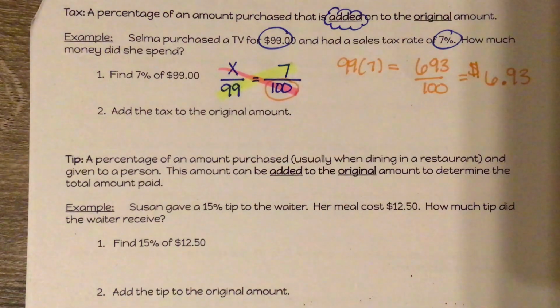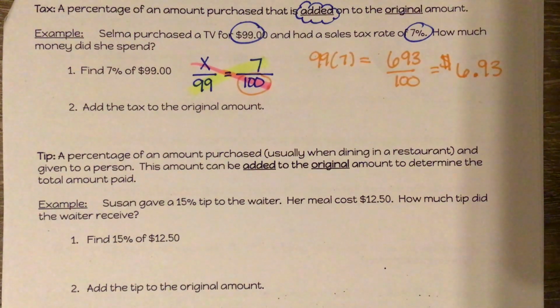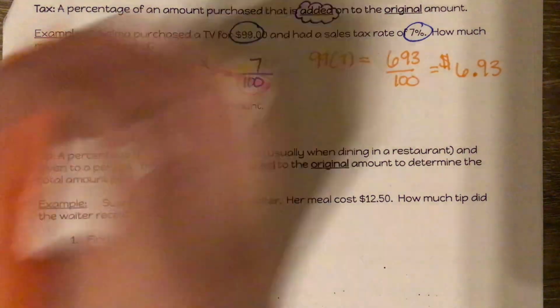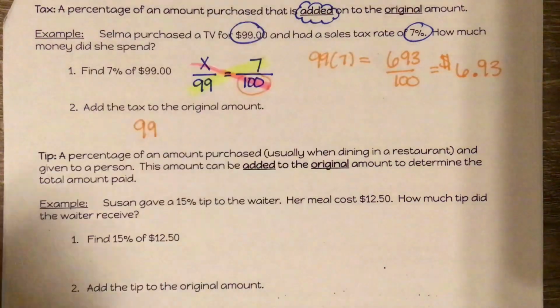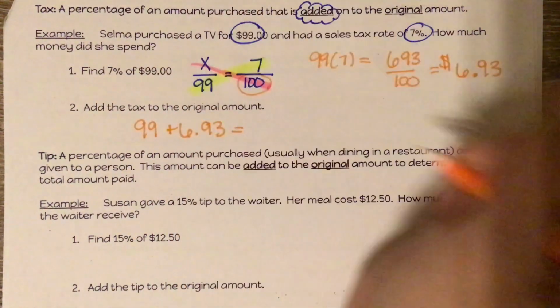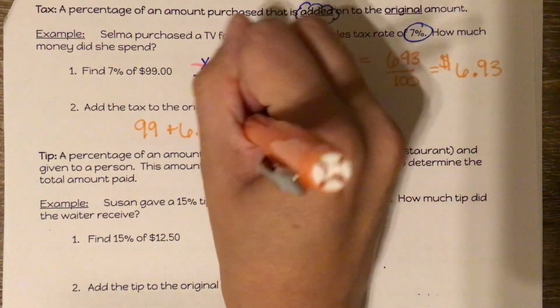So that tells me my tax is $6.93. So when we're finding our total amount that she's spending, we're doing the $99 for the TV plus the $6.93, which equals $105.93.